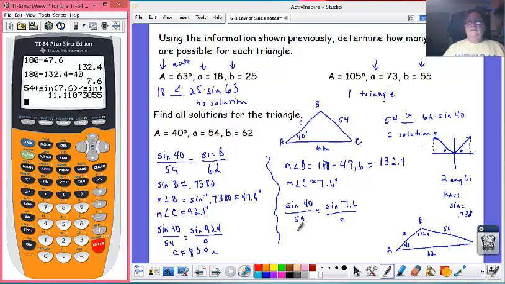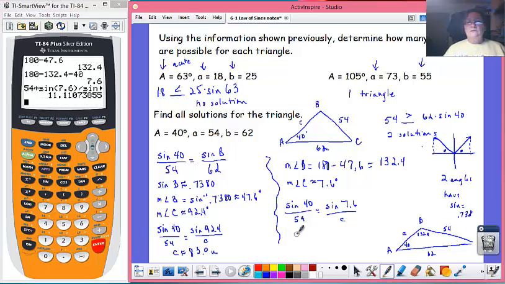And according to this calculation, our second triangle would have a value of C that was close to 11.1 units. Now if you think about that, C was a very small angle, so it should have a small side, and it is by far the smallest in this triangle.